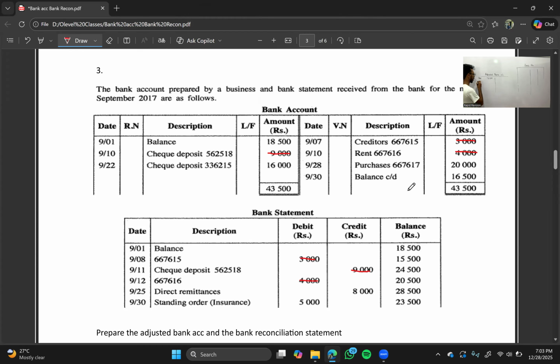The direct remittance is here, that is 8,000, I guess. And then there is a standing order, insurance, that is rupees 5,000. That is 8,000 and 5,000. On the balance, if you get the balance, that is 16,500 plus 8,000, right? That means 16.